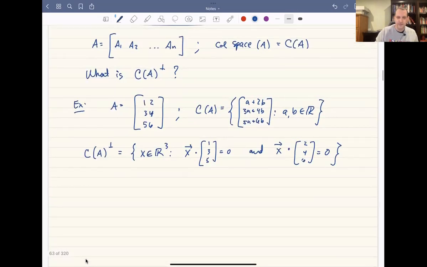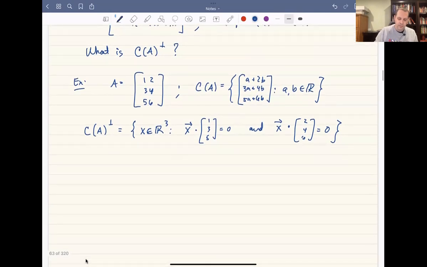Okay, so all of the vectors that satisfy both of these equations at the same time are going to be the things that are perpendicular to the column space of A. It's the orthogonal complement of the column space.